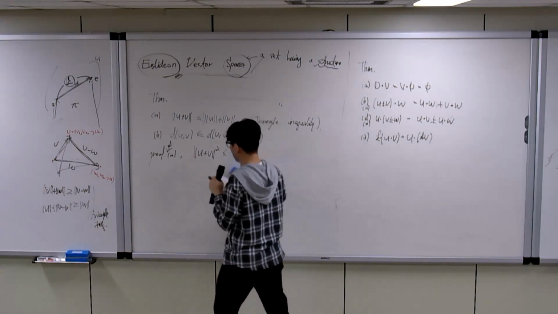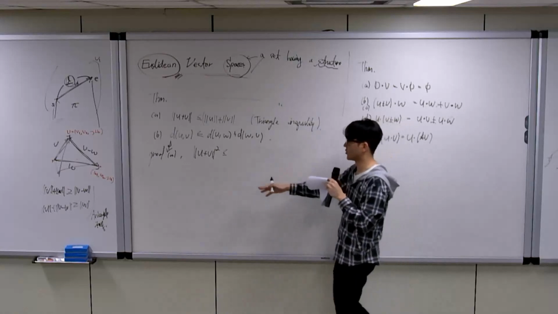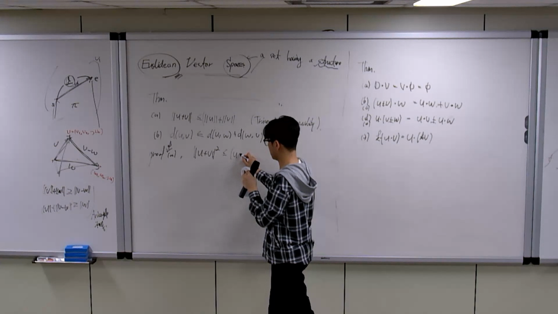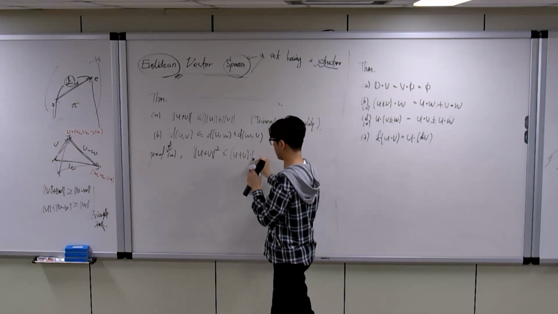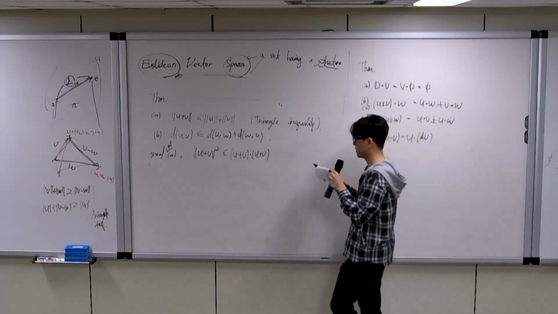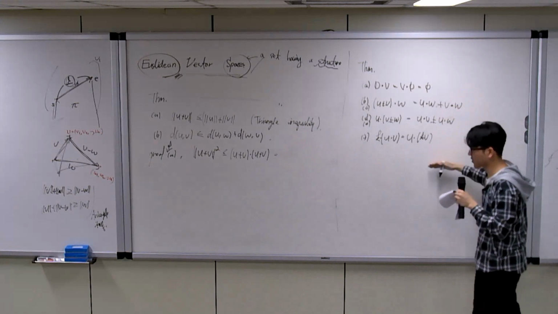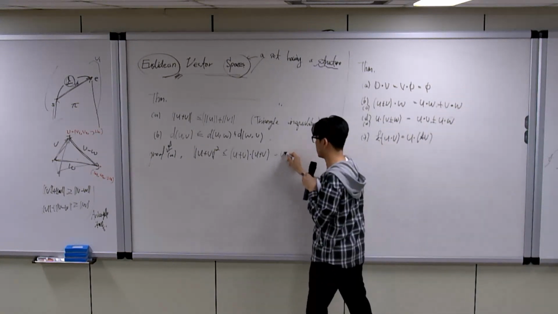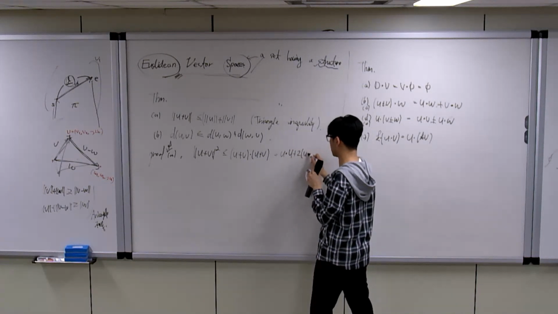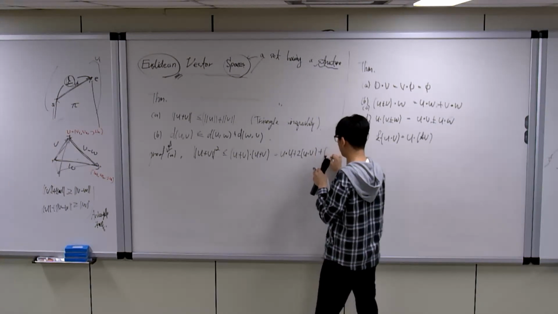By using the definition of norm, it will be the norm of u plus v, and we have this property of norms, so we can use it. We can calculate it by using the above property.